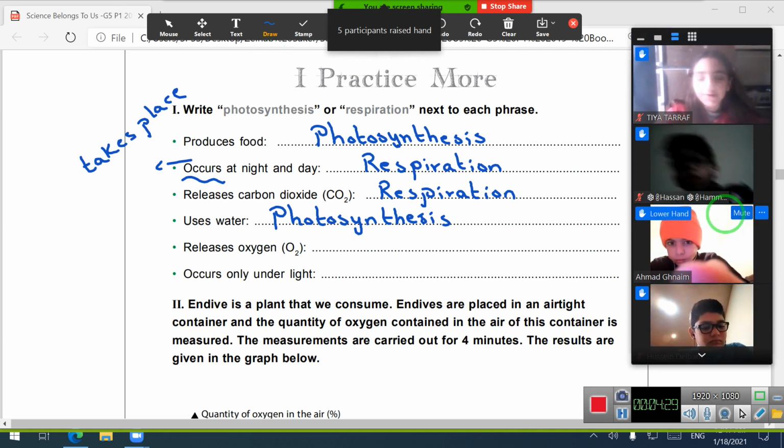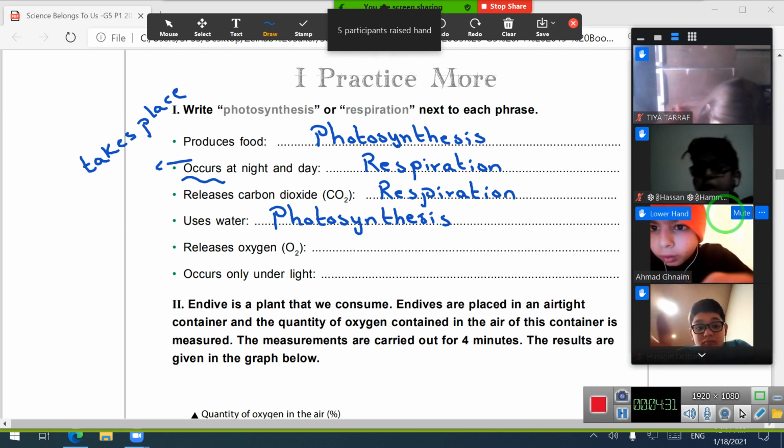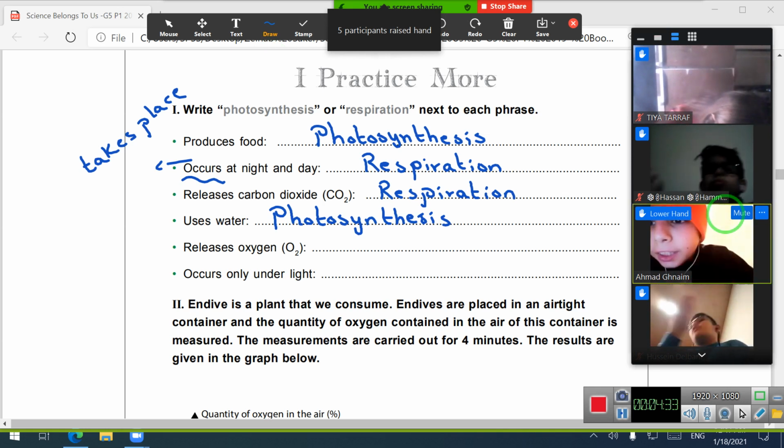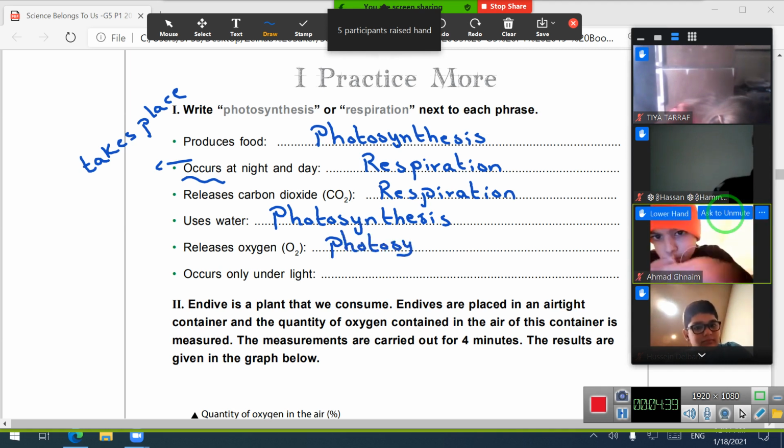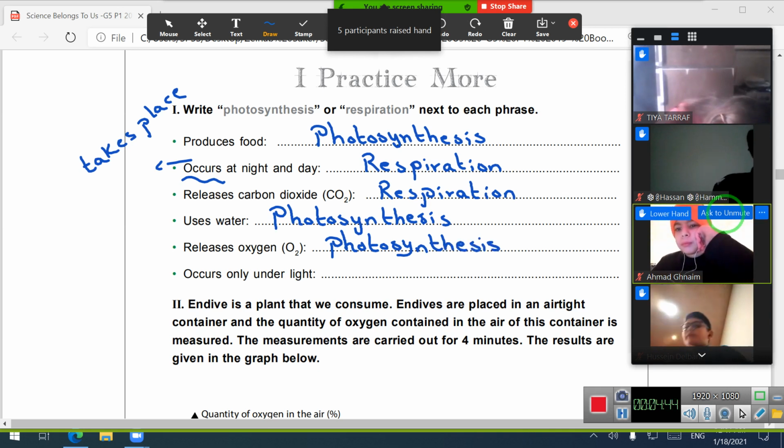It doesn't need oxygen. Photosynthesis. Excellent. So photosynthesis is a process which releases oxygen. It doesn't need oxygen in the photosynthesis process, but it absorbs it during respiration.